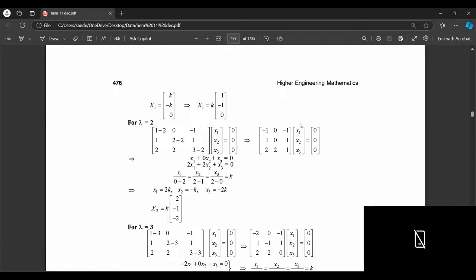Now you choose the two different equations and use Cramer's rule: x1 plus 0x2 plus x3 equal to 0, and the last equation 2x1 plus 2x2 plus x3 equal to 0.